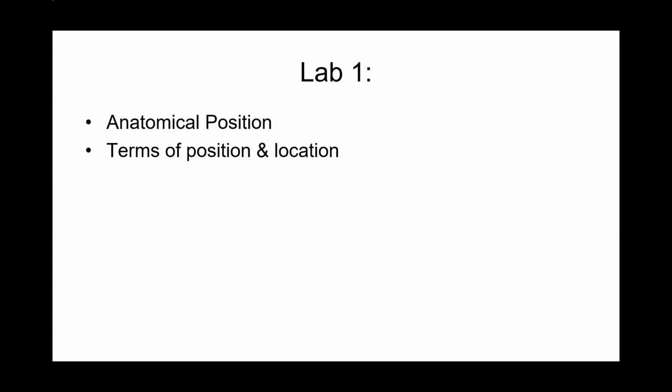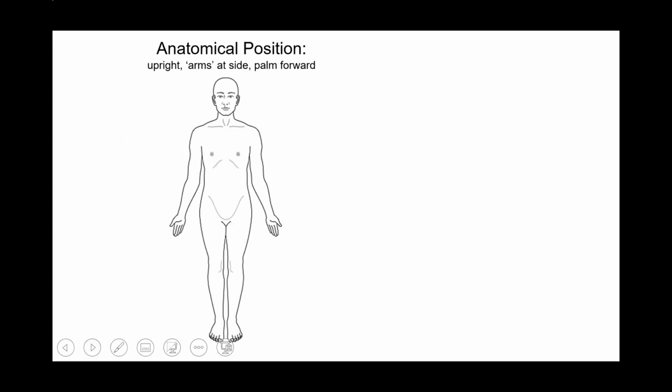So in this particular video, we're going to look at anatomical position, the terms of position and location, and then in future videos, we will look at the anatomical planes, we'll look at body cavities, and then we'll move on into organs, organ systems, and regional terms. Let's go ahead and get started.